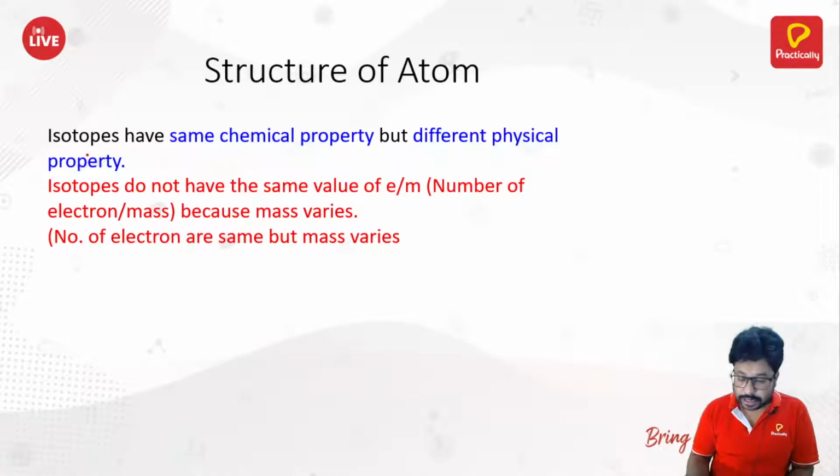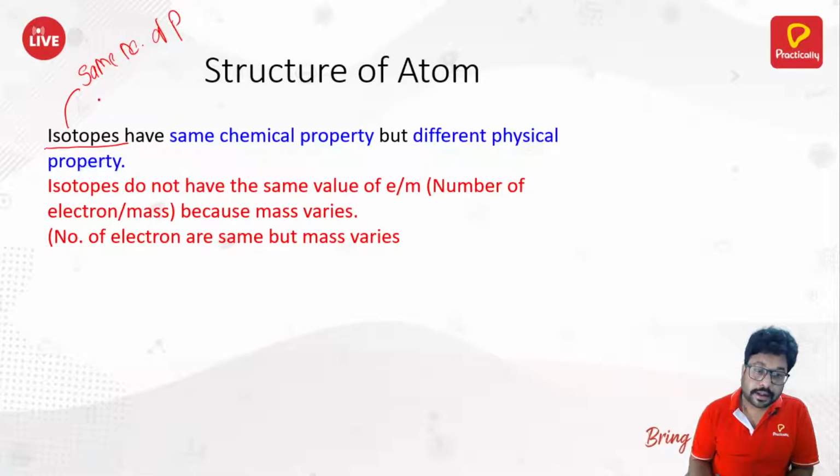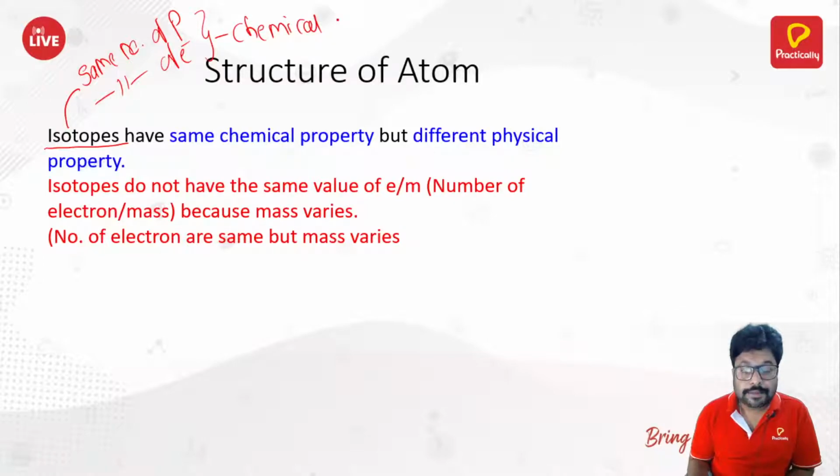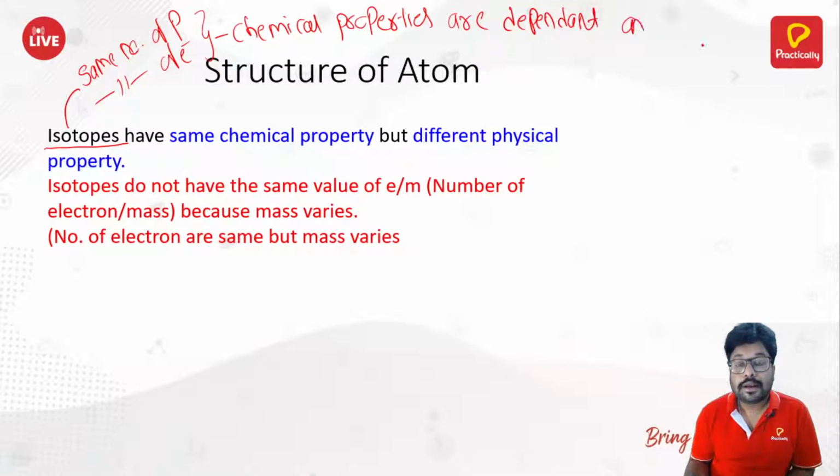As I told you already that isotopes have same number of protons and they also have same number of electrons, and chemical properties are dependent on number of protons and number of electrons.